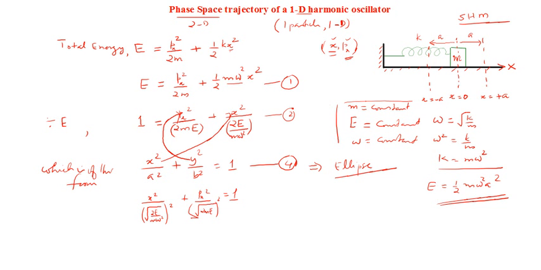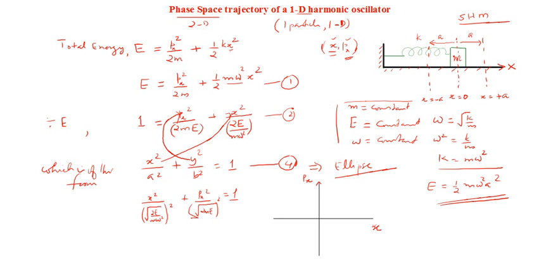It means that if you are drawing a graph with x and px as the axes, I take x here and px here.